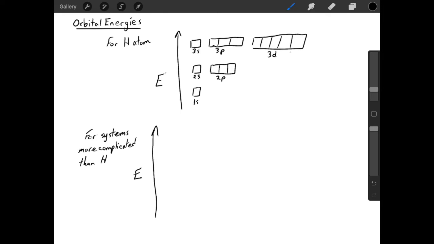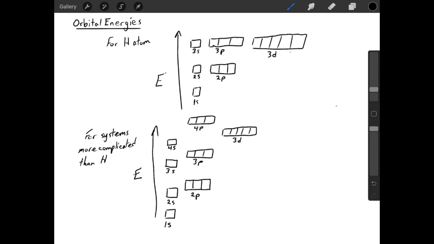And what this means is within each shell, all of the different subshells are going to have different energies. So what you can see is the orbital energy levels start to cross one another.